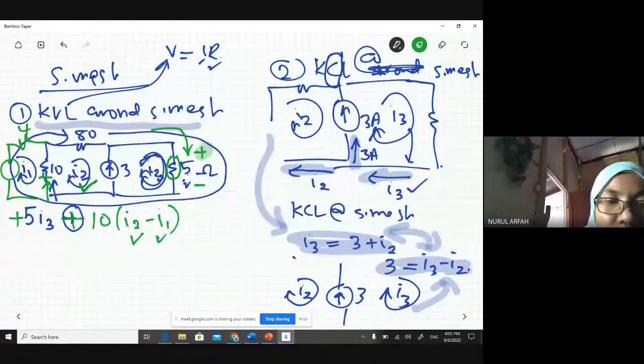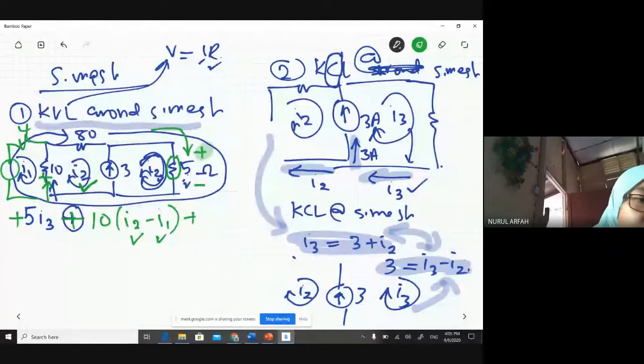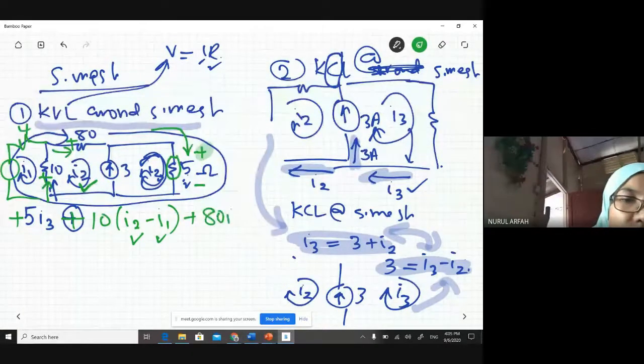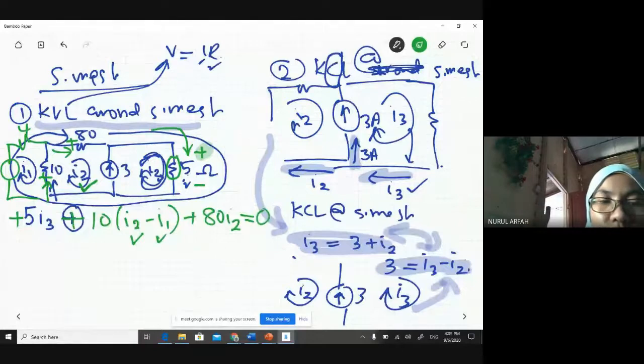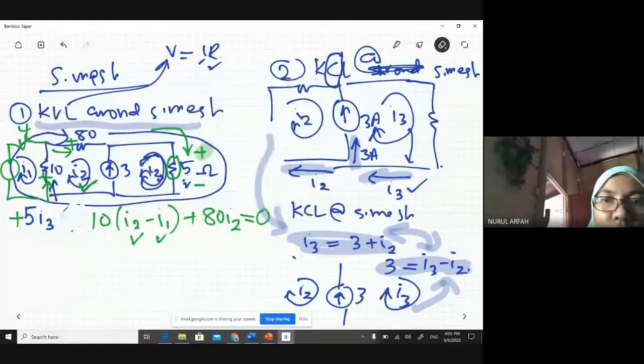Okay, and then plus, again we are entering a passive element, which is resistor 80. Then we need to have a plus here. That's why you have plus 80 into I2, and then equal to 0. Okay, so far so good. Do you have any questions? No?